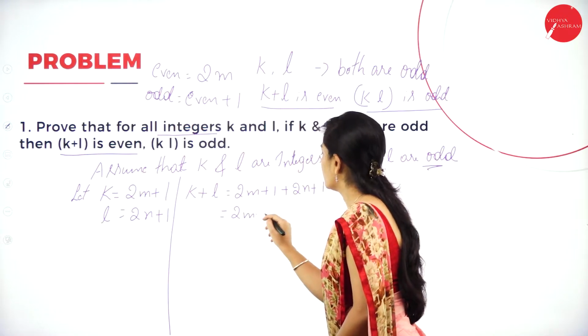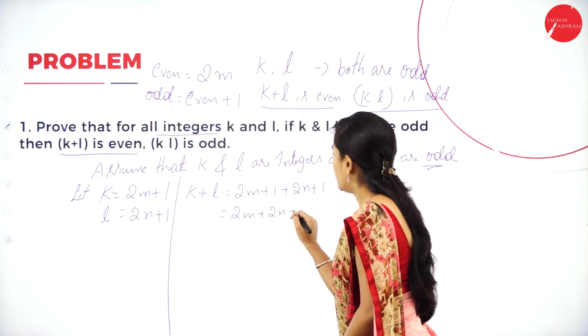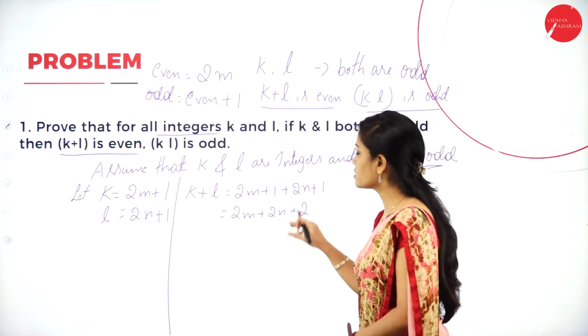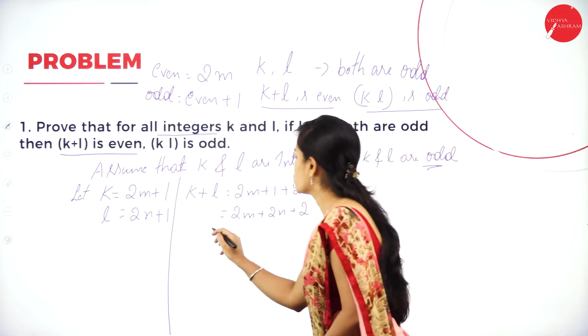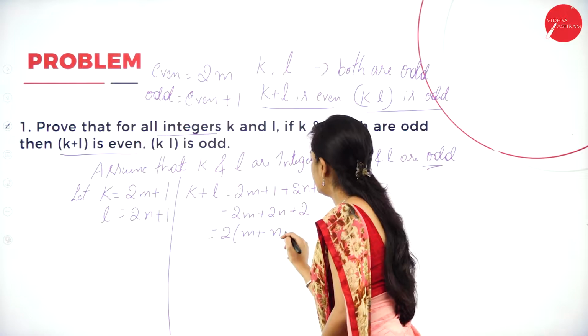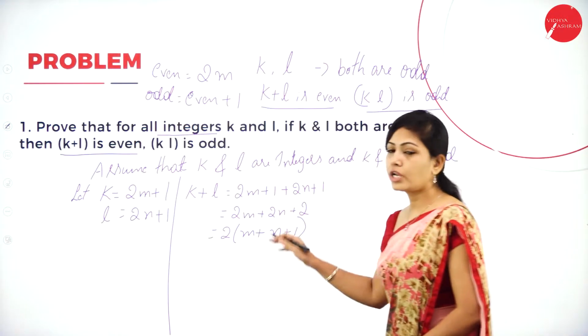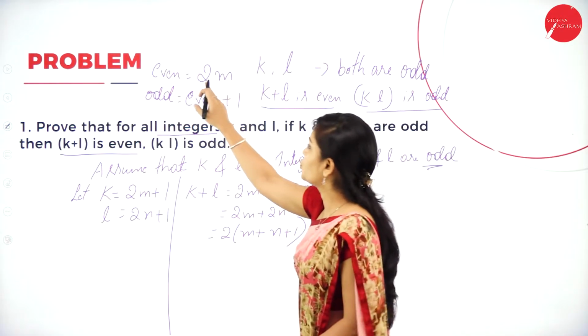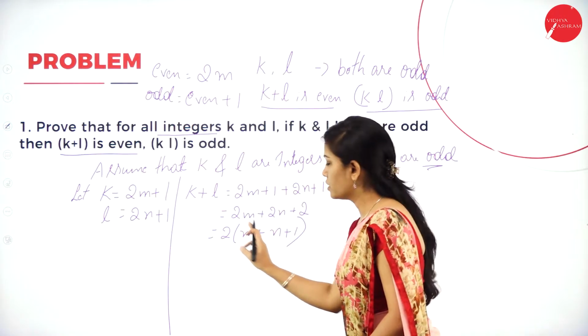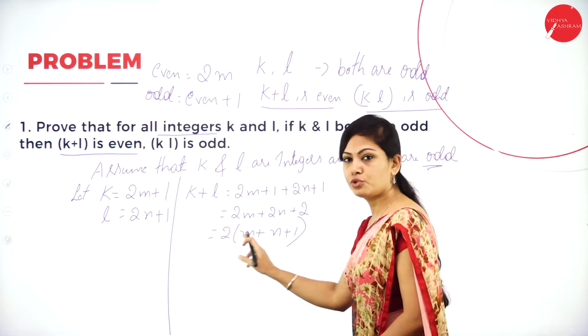2m plus 2n plus 1 plus 1 is 2. Now you can observe this, 2 is common here. So I will take 2 as a common factor: 2 times m plus n plus 1. Now this is in the form of 2m, right? So you can consider m plus n plus 1 as m. This is in the form of 2m.